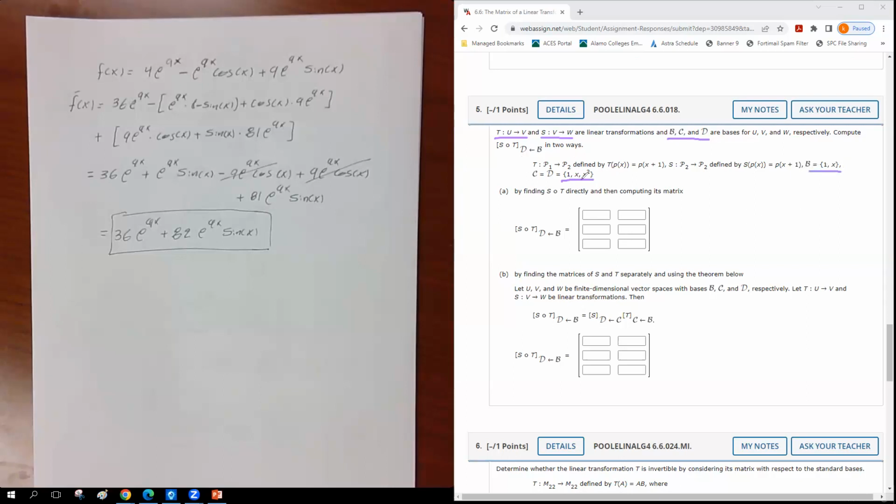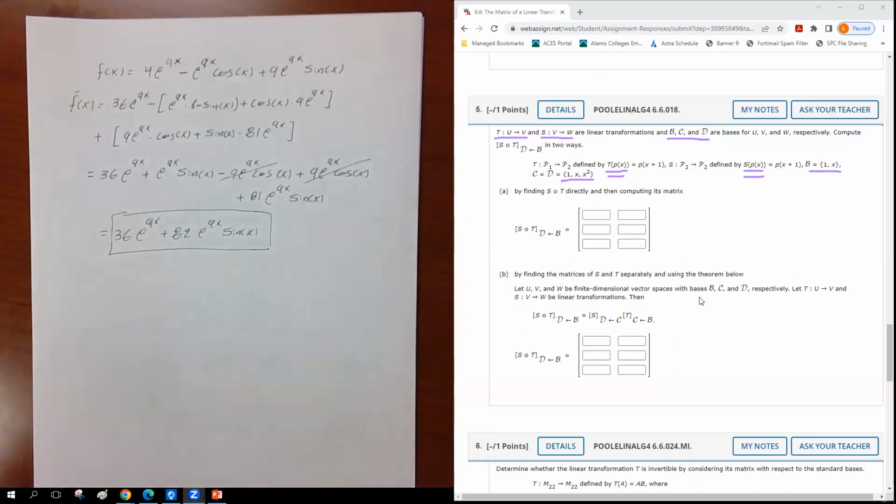Be careful: the transformation T is from polynomials with degree 1 to polynomials with degree 2, and the transformation S is from polynomials of degree 2 to polynomials of degree 2. Here is our transformation S, and here is our transformation T. So here's all the information we need. The first thing we need to do is find S composite with T directly, and then compute its matrix.